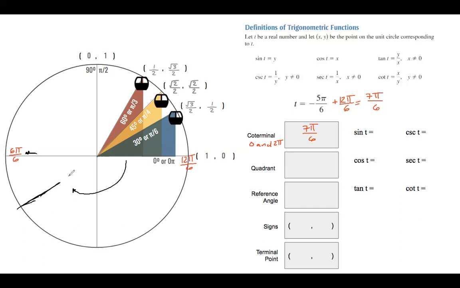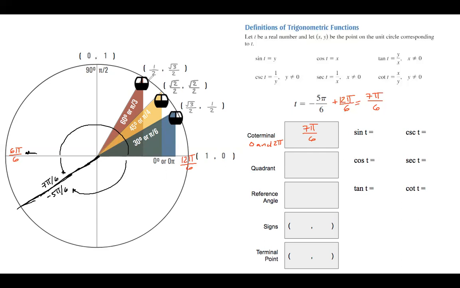Looks like our angle is going to be around here. If you use the positive, 7 pi over 6 is going to be this way, and you're going to get to 6 pi over 6, and then this is going to be either a positive 7 pi over 6 or a negative angle minus 5 pi over 6. Either way, you're going to get there.